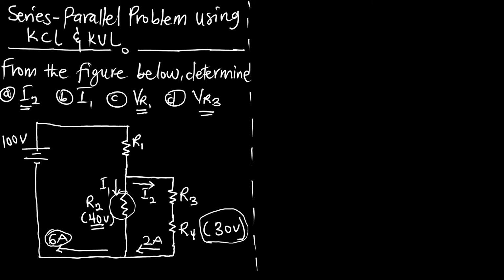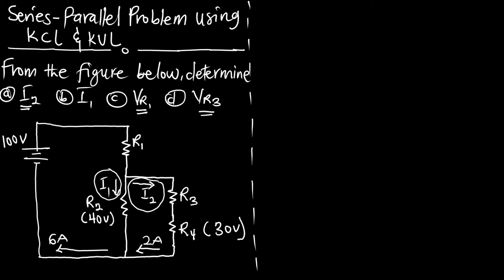Taking all this into consideration, let's start solving the problem and see how best we can get our answers. So we should find I2. This is I2, and this is I1.